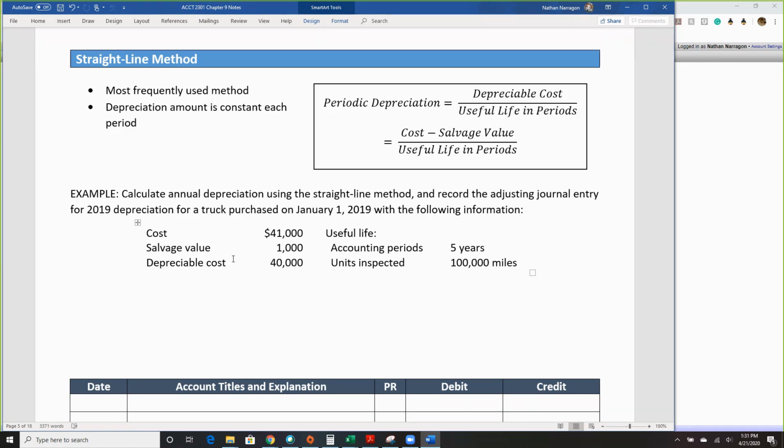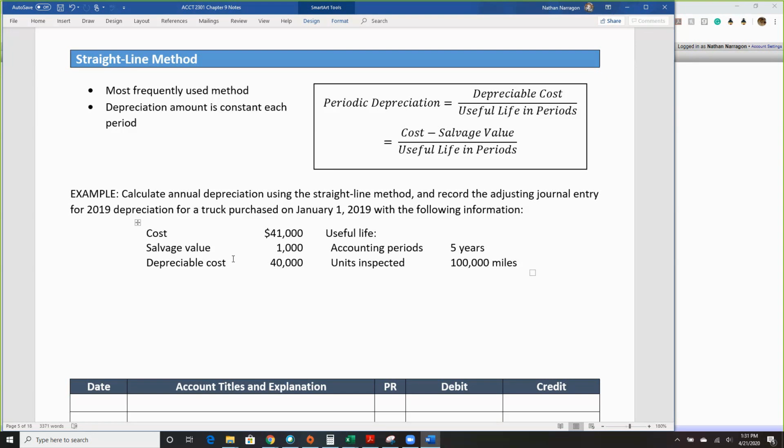So we're going to use this example right here. We're going to calculate annual depreciation. And we're going to do it on a truck purchased on January 1st, 2019, with the following information. The cost of the truck was $41,000. Its salvage value is $1,000.